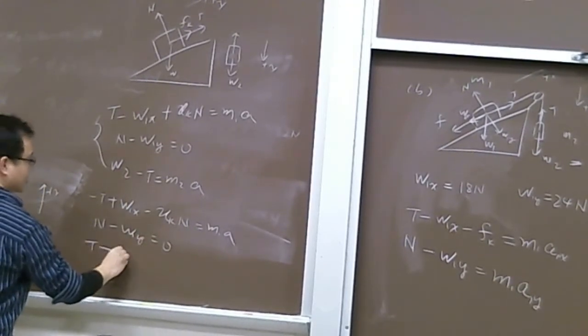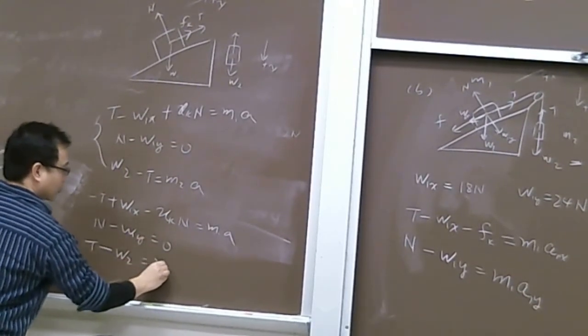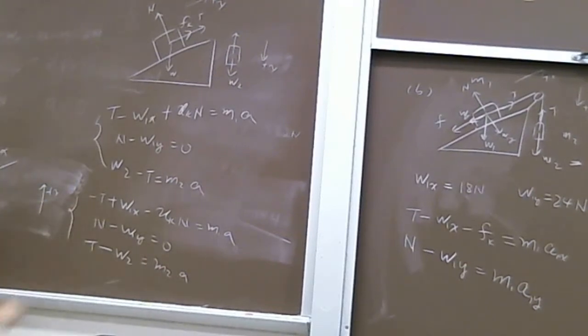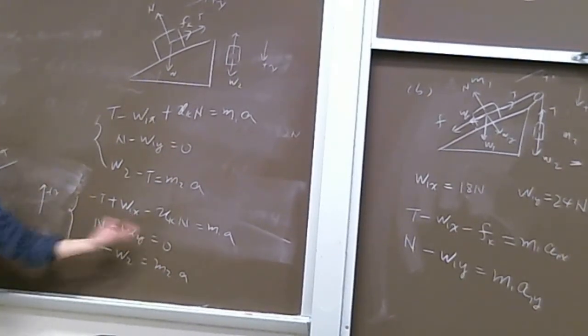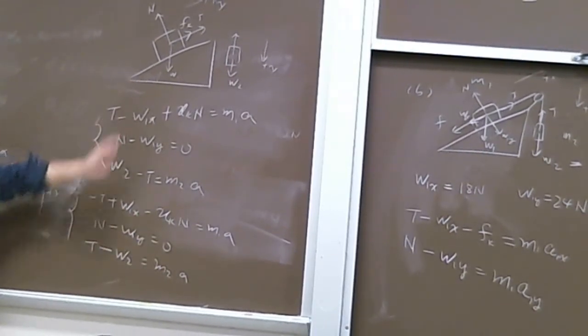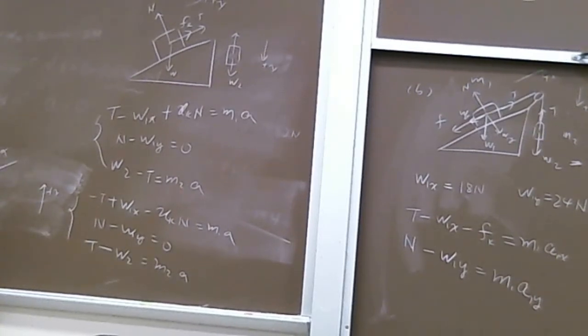And T minus W2 equals to M2A. If I use this kind of positive, all these forces will change sign from here. You can go back to the force analysis from the beginning and write down these terms. You can check that.